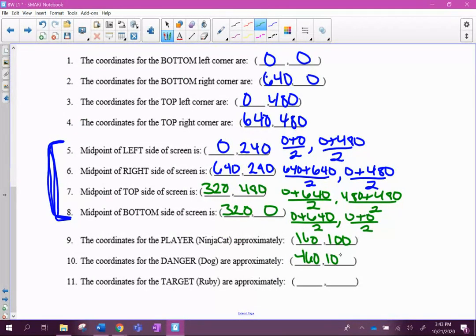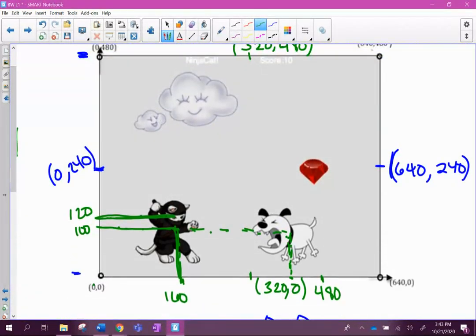And then our target, or our ruby, a little bit past 480. And then see how far across we are.